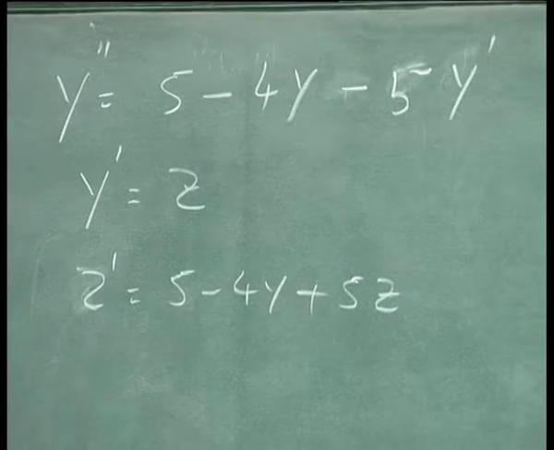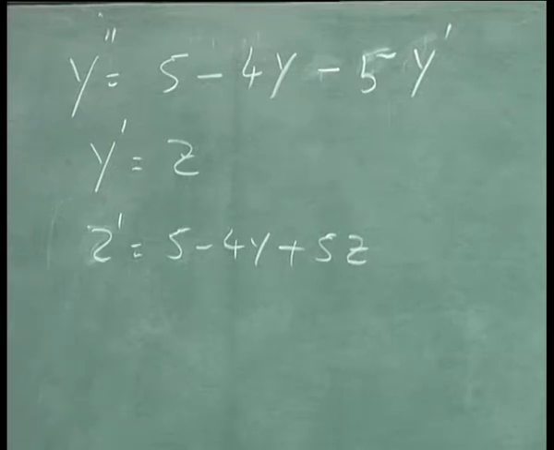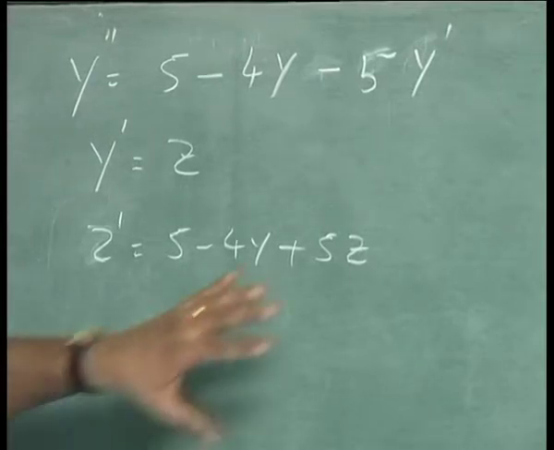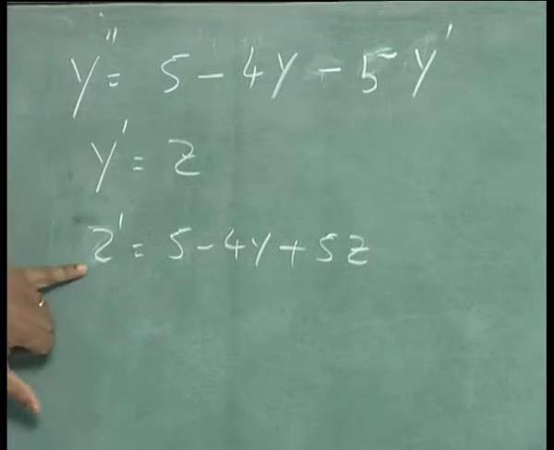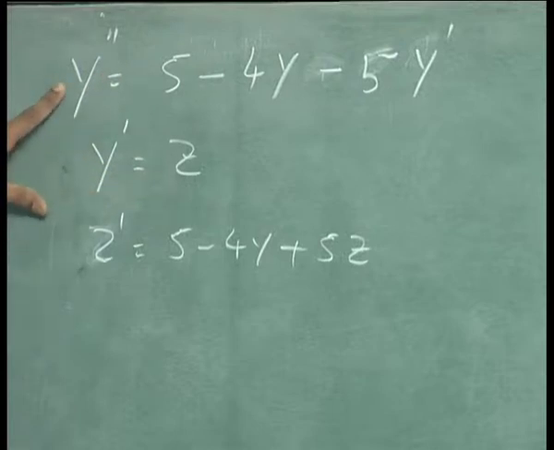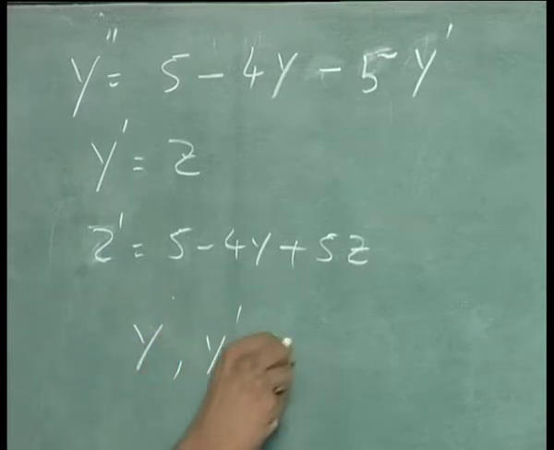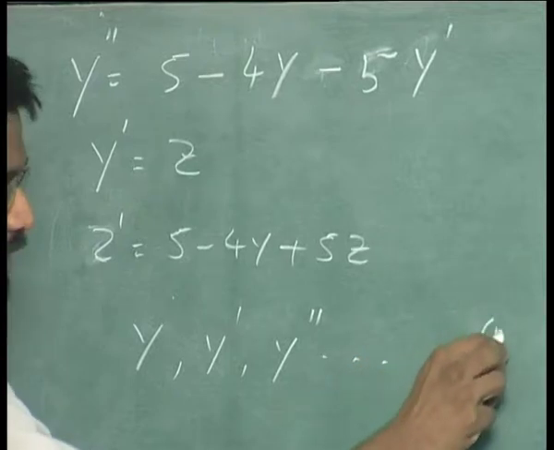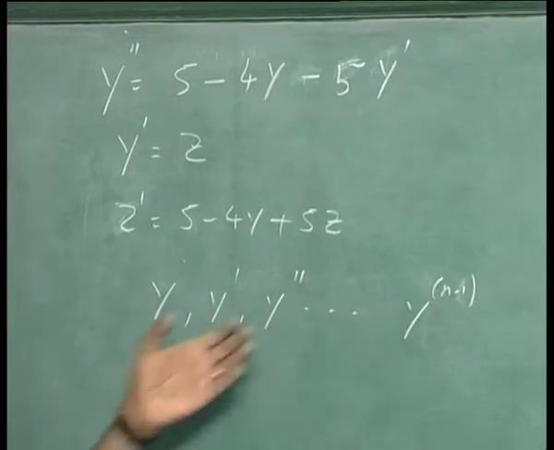In the program in general we could have an nth order differential equation and n such first order equations. Since our aim here is to solve these numerically, we should also see how we develop an algorithm for this. When you have an nth order equation like this, the solution set will be y and y prime, y double prime, all the way to the (n minus 1)th derivative, all as functions of x.